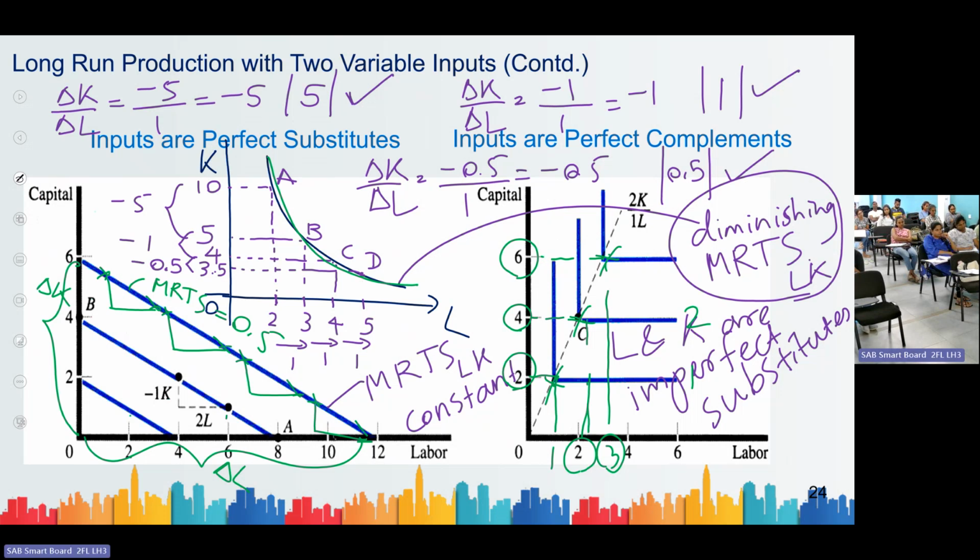So what is the ratio? 4 to 2, which we can simplify to 2 to 1. Here also the ratio is 2 to 1. So the same ratio between the two inputs has to be maintained at different levels of outputs.